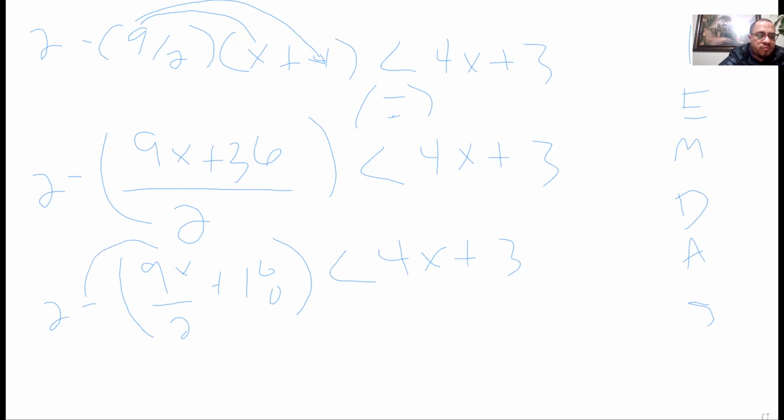That's here, so we're going to use the distributive property. We're going to multiply it to both of them. All right, so in this case, we're going to be left with negative 9x over 2 minus 18. Now, since we left the 2, it's going to be plus 2 is less than 4x plus 3. That's a plus, by the way.